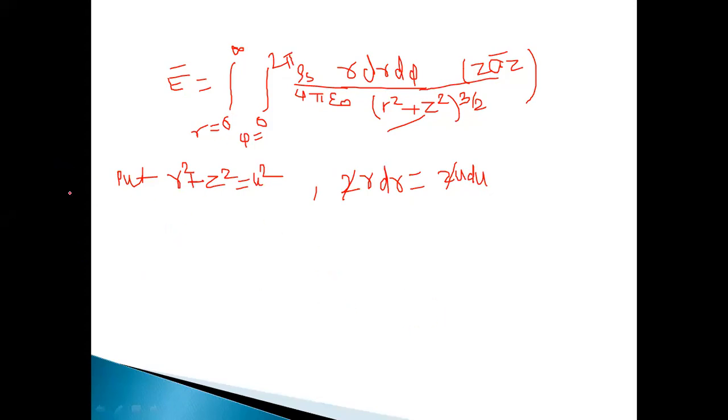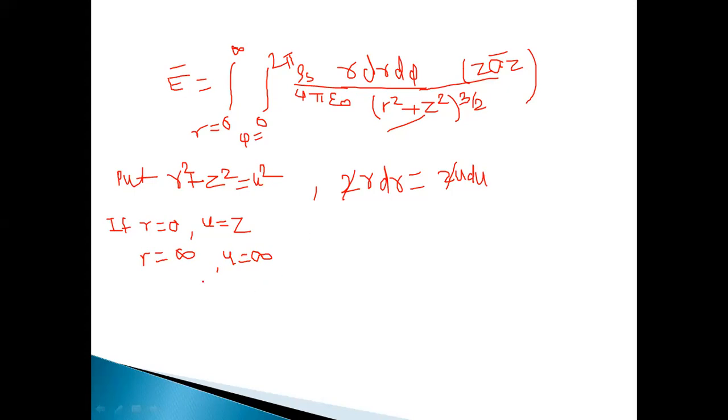If r is equal to 0, what is u? If r is equal to 0, u will be equal to z. And if r is equal to infinity, u is also equal to infinity.